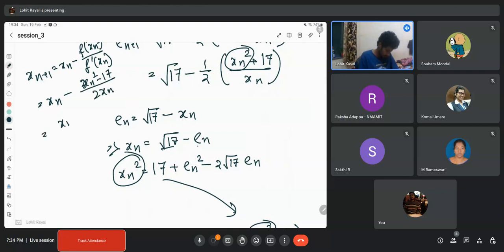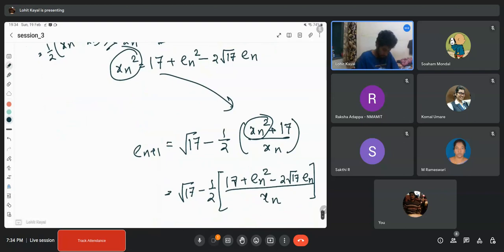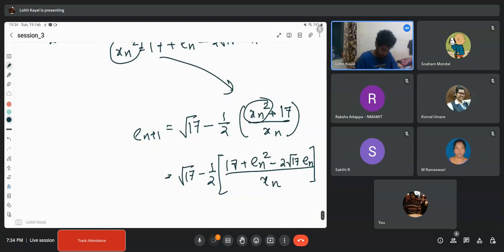It will be 2xn square minus xn square plus 17 by 2xn. Yeah, so this is correct. Half of xn plus 17 by xn.